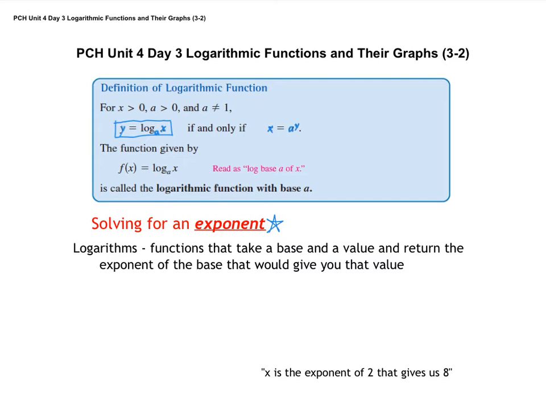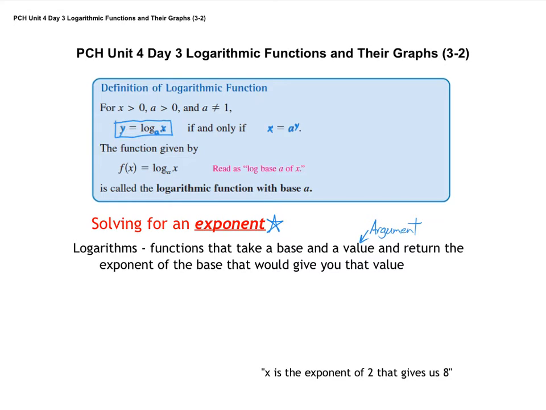Okay? Now, a logarithm is a function that takes a base and a value, which we call the argument, and it returns the exponent of the base that would give you that value.